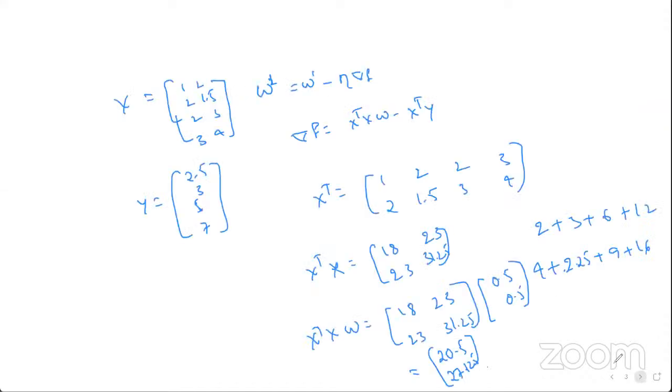We have this X transpose X, W equal to 20.5, 27.125. Okay. Now we need to find this X transpose Y, right?